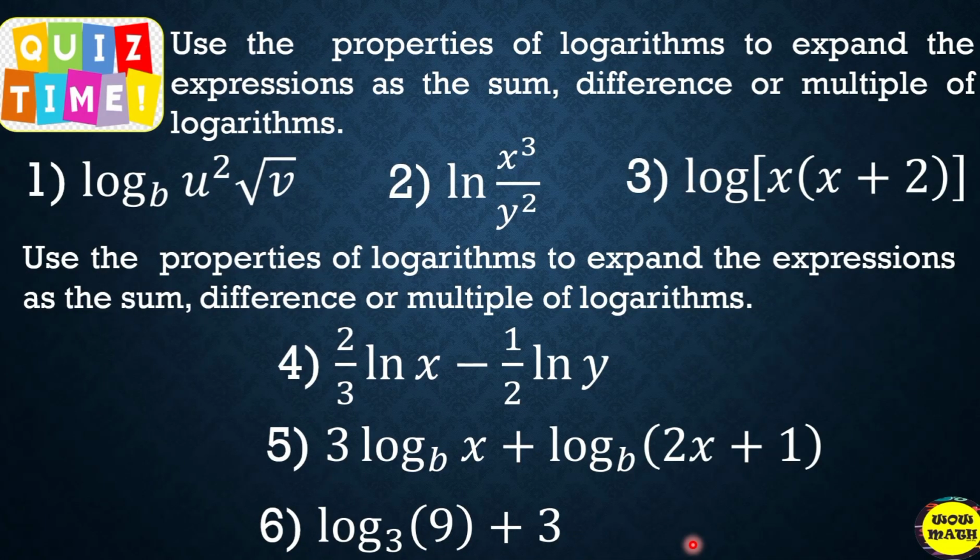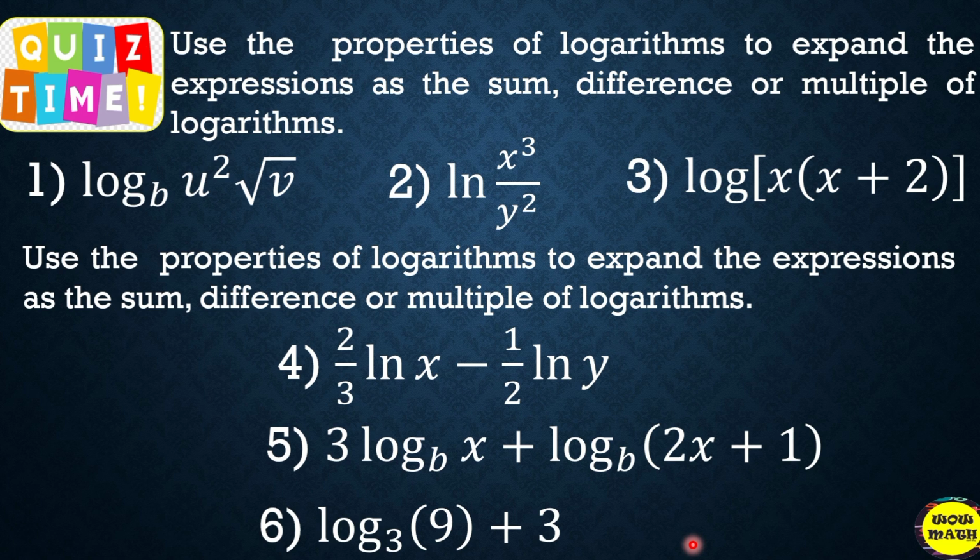Okay, this is for you. So I have 6 questions here. So try to answer. Use the properties of logarithm to expand the expression as the sum, difference, or multiple of logarithms. For number 1, logarithm of u squared, square root of v with base b. Number 2, ln x cubed over y squared.